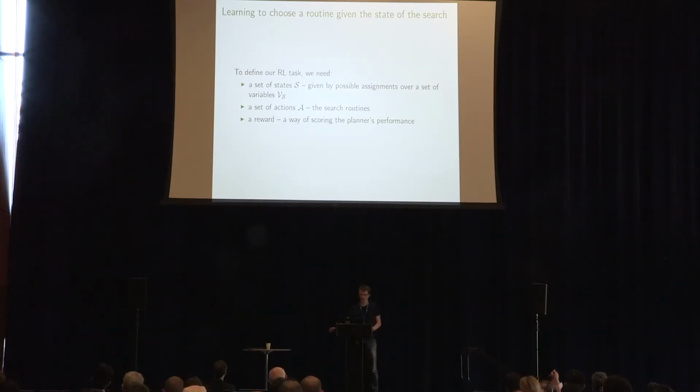First, we need some set of states. In this work, we will generate the set of states by defining a set of variables describing the planner state, and then each possible assignment over those variables will constitute a single state. Similarly, we need a set of actions, and this will be our search routines. And we need to specify a reward, that is some way of scoring the planner performance.